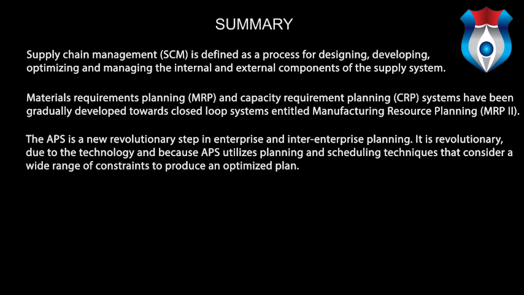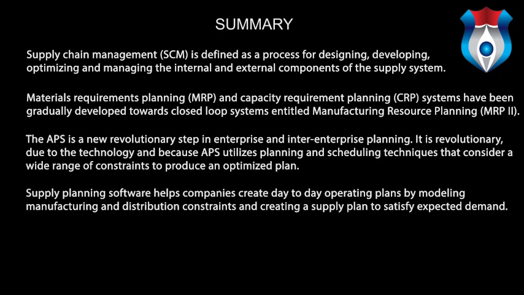It is revolutionary due to the technology and because APS utilizes planning and scheduling techniques that consider a wide range of constraints to produce an optimized plan. Supply planning software helps companies create day-to-day operating plans by modeling manufacturing and distribution constraints and creating a supply plan to satisfy expected demand.